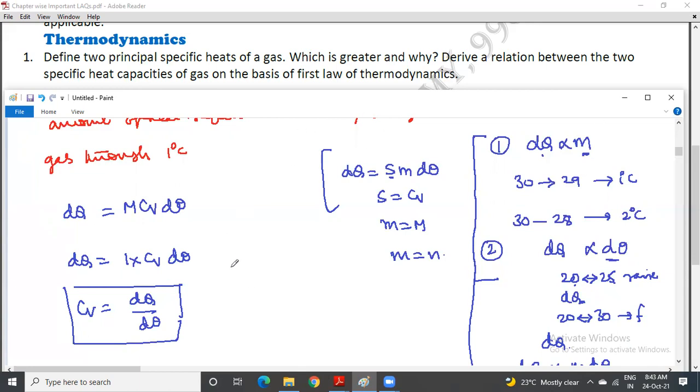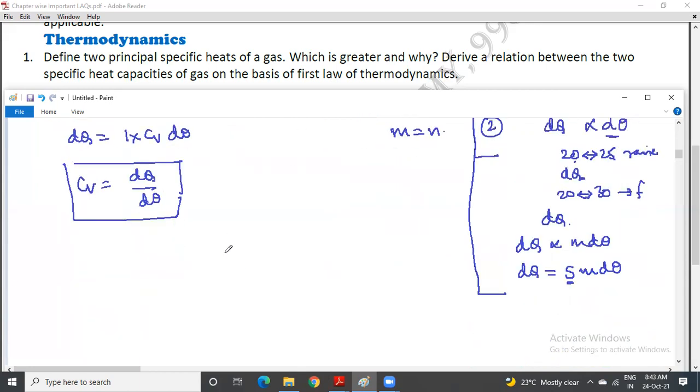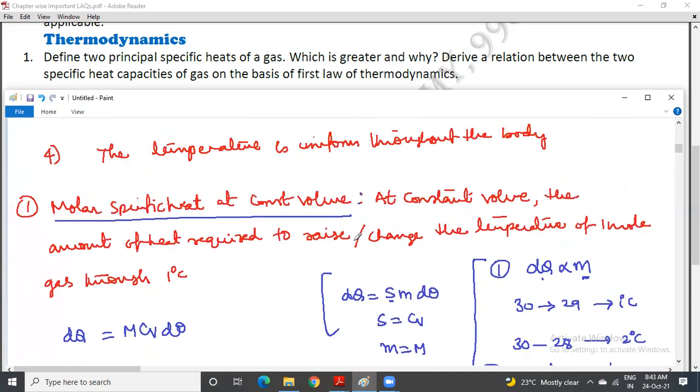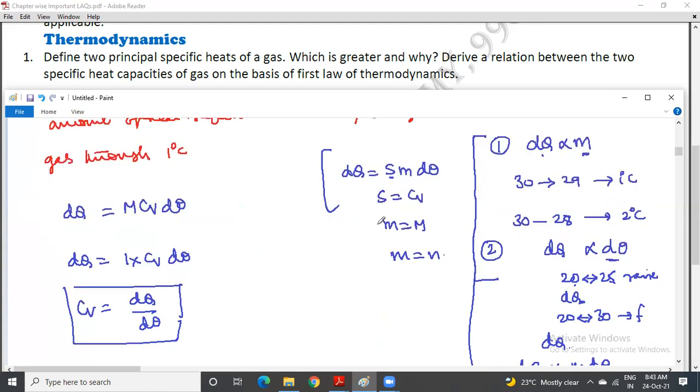Next, after that, you can go with another definition, that is molar specific heat at a constant pressure. Same definition as you had earlier. Instead of volume, you have to write constant pressure.